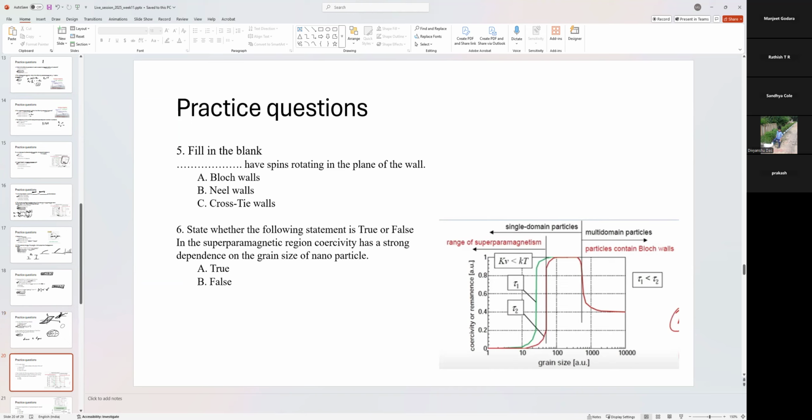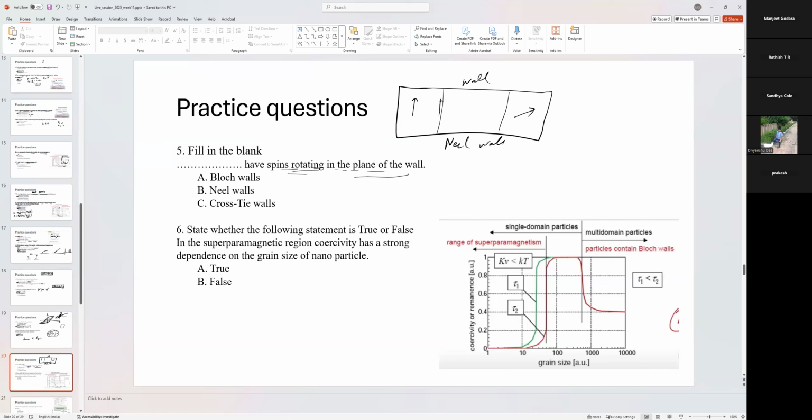Dash have spins rotating in the plane of the wall. This was your domain 1, so domain 2. To get from domain 1 to 2, you have your wall. When magnetic spins are rotating in the plane of this wall, you call it a Neel wall.